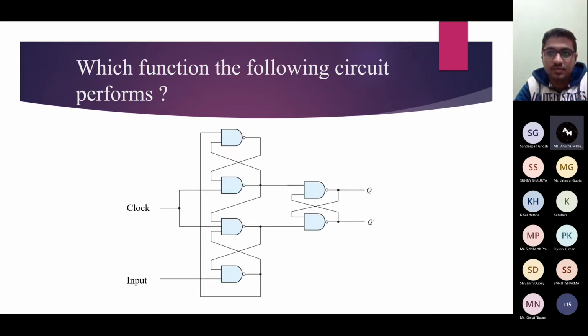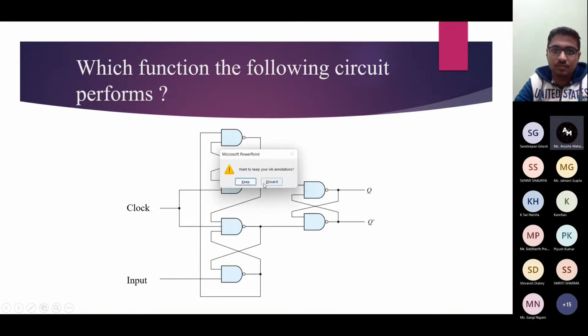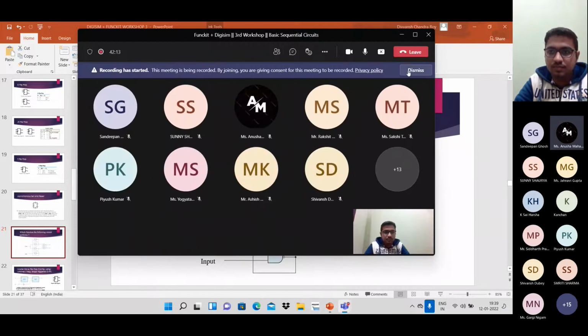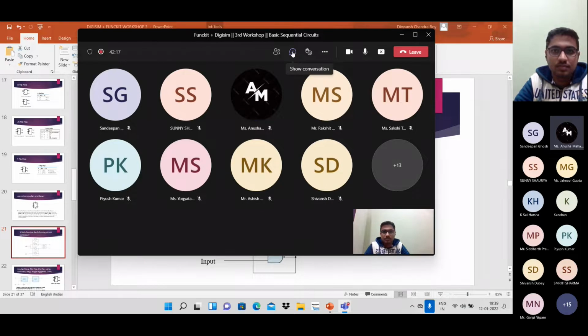Are you people doing it? Hello, can you solve this problem?